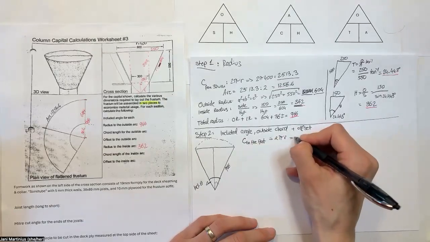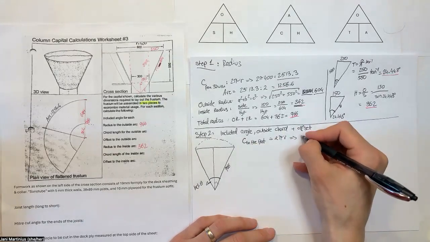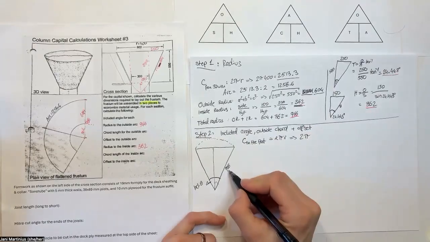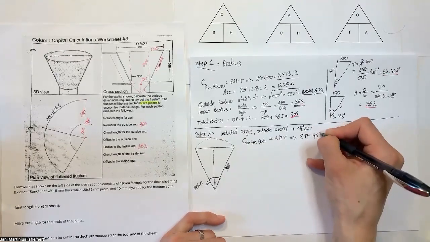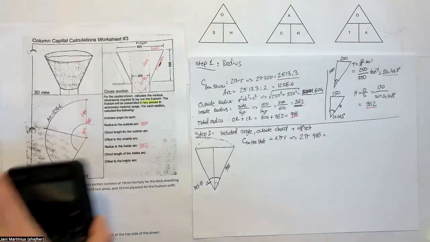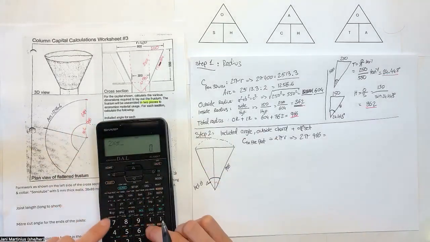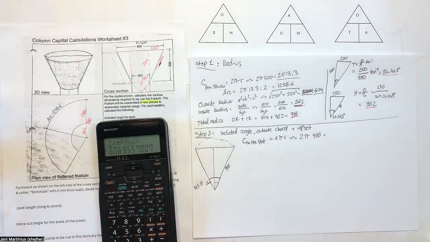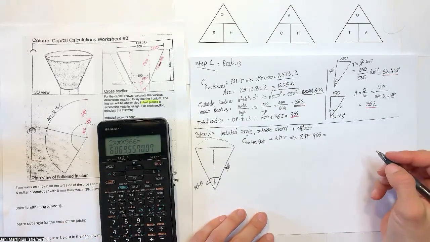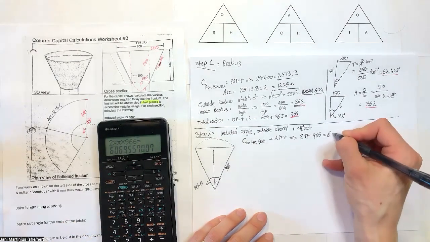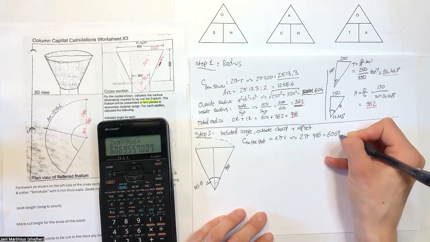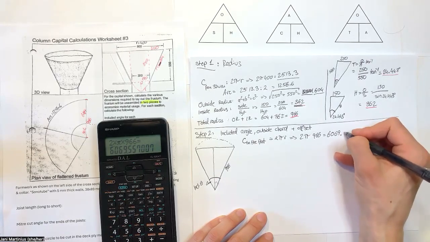So we can pop in that number. 2 pi and our radius that we figured out, 966. 2 times pi times 966 is 6069.5.